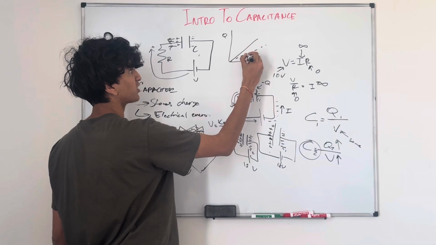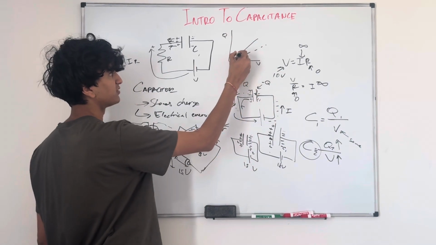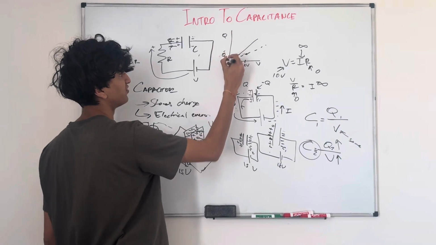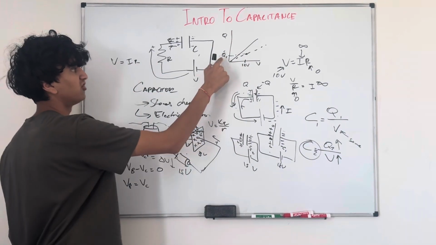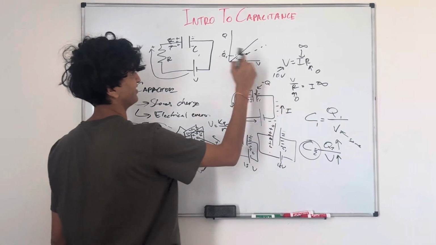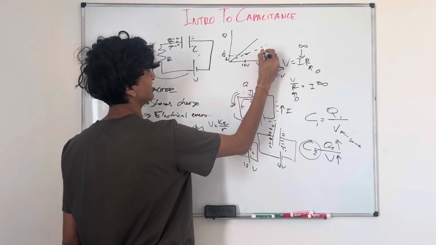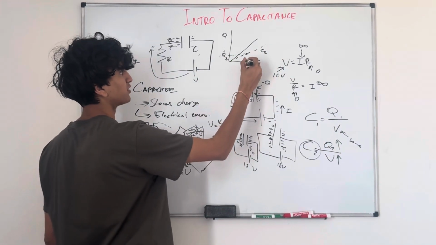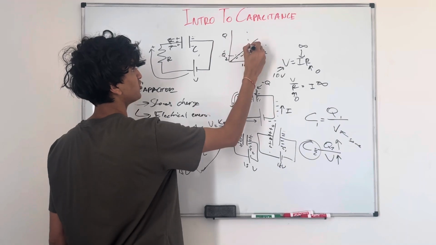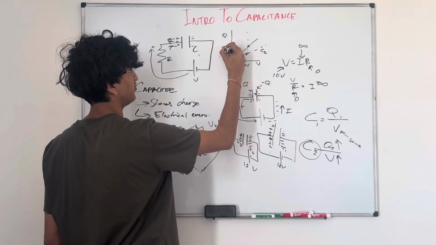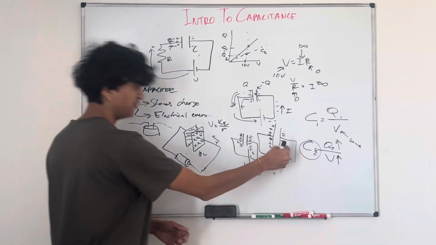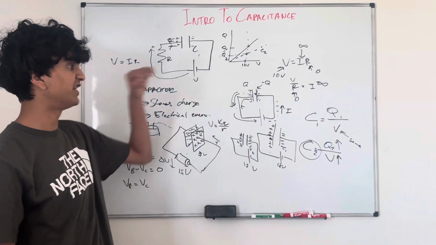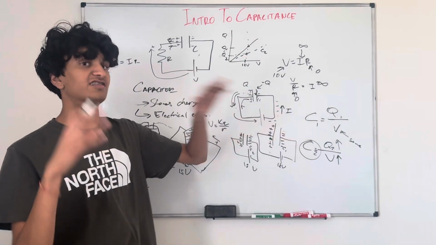C2 has lower capacitance, so the charge it holds, Q2, because this is C2, is smaller than the charge held by C1. The same charge this one holds is greater at the same potential difference because its capacitance, its ratio, is bigger.